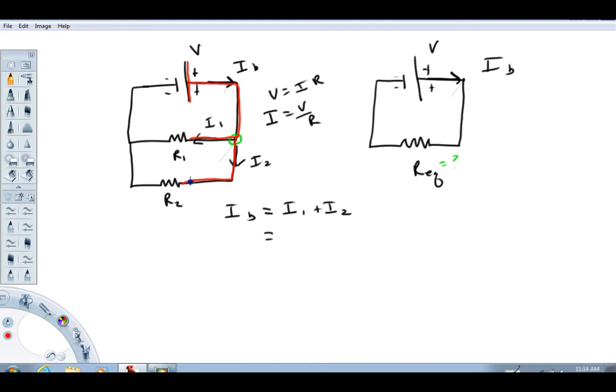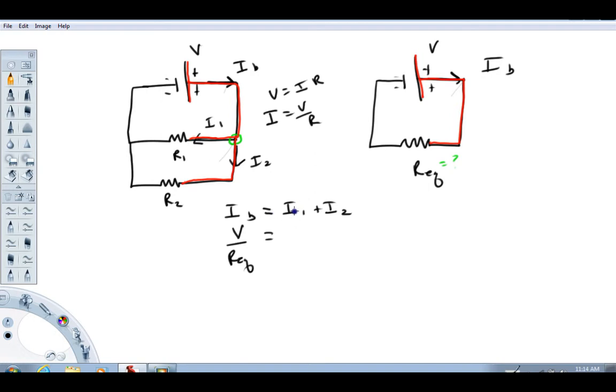I should color code the picture on the right. This is all one potential. Keeping in mind that these are all the same voltage, I'm going to write each of these three currents as a voltage over a resistance. Looking at the picture on the right, I'm going to use the voltage over R equivalent, because the current IB by Ohm's law is this voltage divided by this resistance.